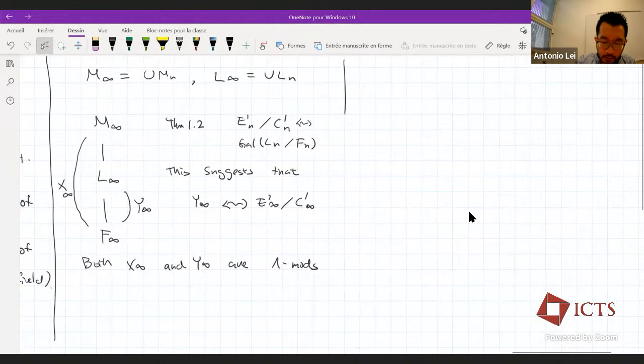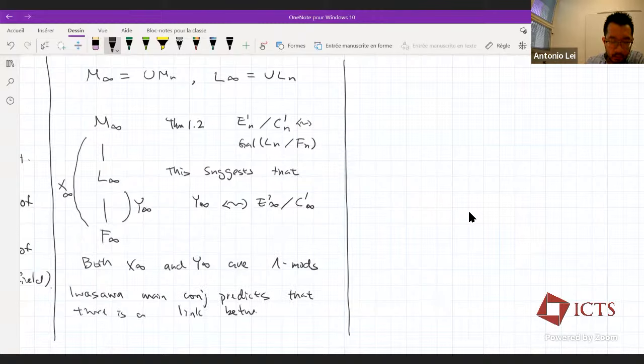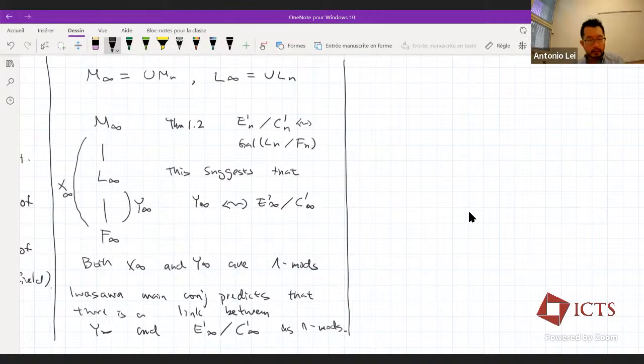The Iwasawa conjecture will tell you that there should be a link between Y_infinity and E as Lambda modules.